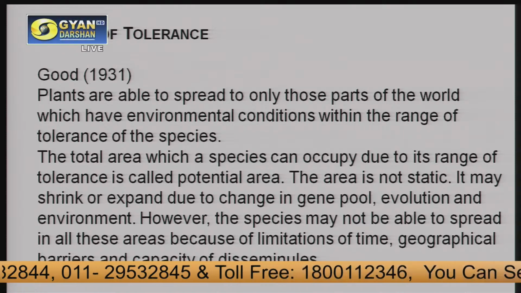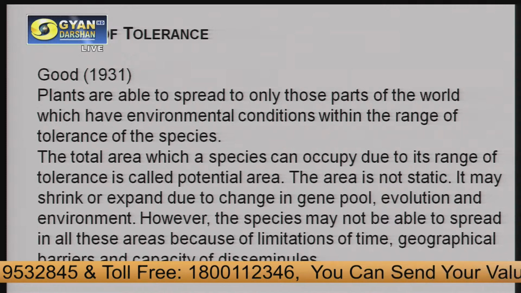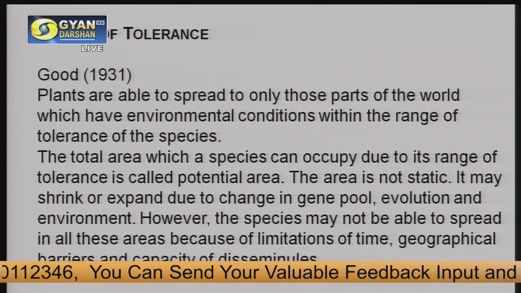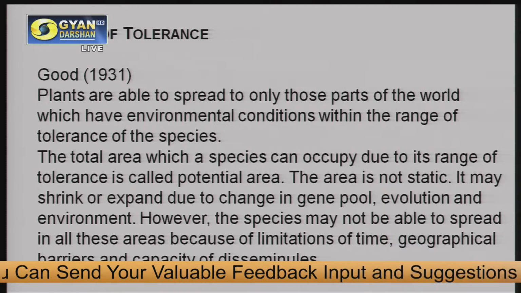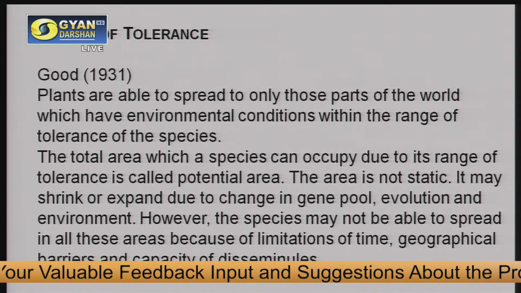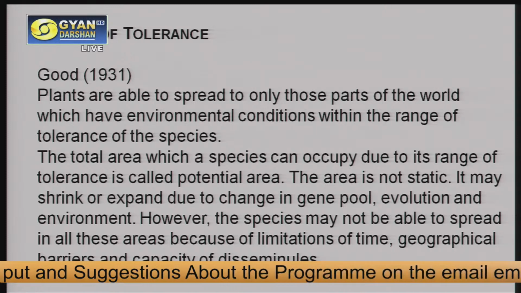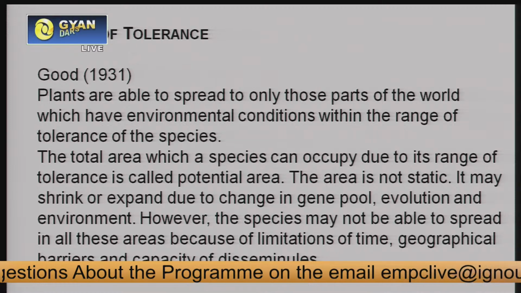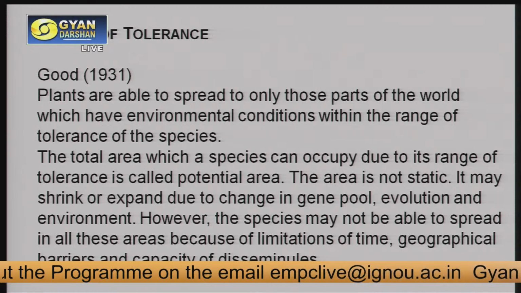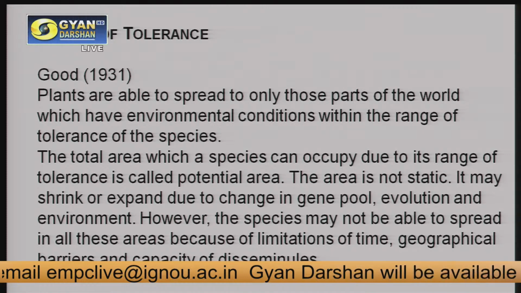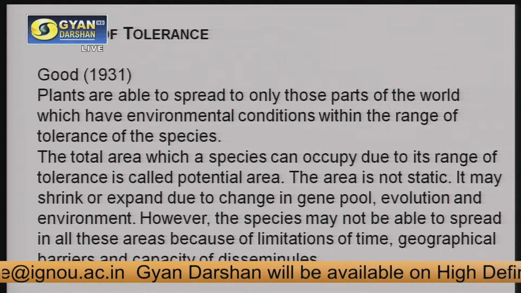It can change. That means the total area which a species can occupy will change depending on the environment and the gene pool. So the species may not be able to spread in all these areas. The area might expand, or it might even shrink depending on the change in the climatic conditions or the environment.